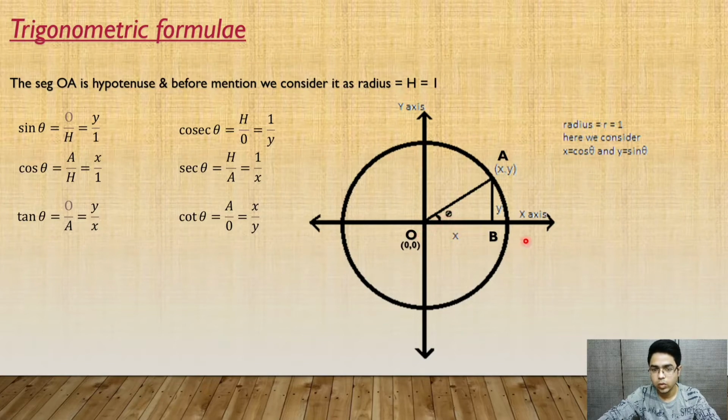See here OB, it is the nearest side to theta, that is x. So x divided by hypotenuse, that is 1. As we have seen, we drew the circle of radius 1 and the point A is on the circumference, so here the hypotenuse is equal to 1 centimeter or meter we can say.